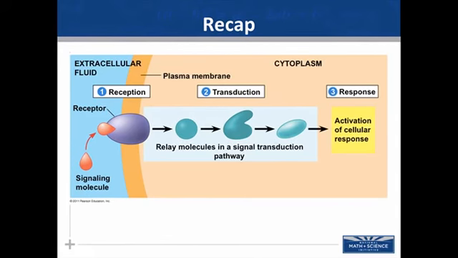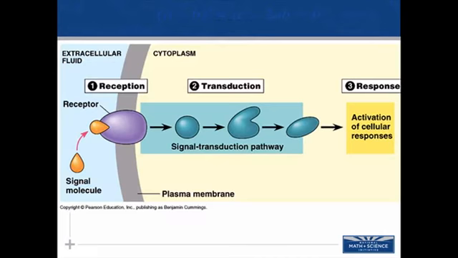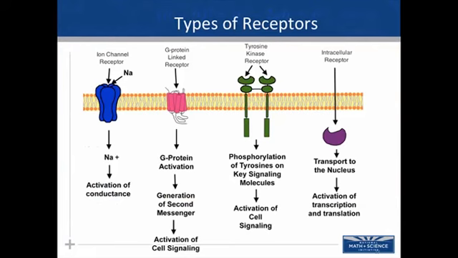And then that response can be any of a variety of activities, including formation of an enzyme or activation of an enzyme. It could result in the activation of a gene, or it might be rearrangement of the cytoskeletal features of that cell. And so the process is going to result in some sort of event or response because of a signal that's released.